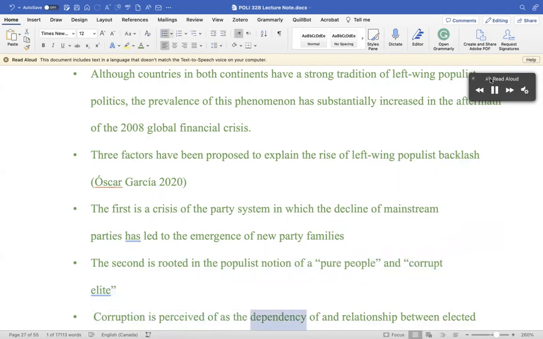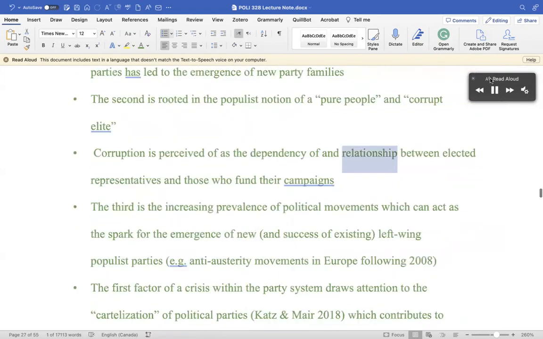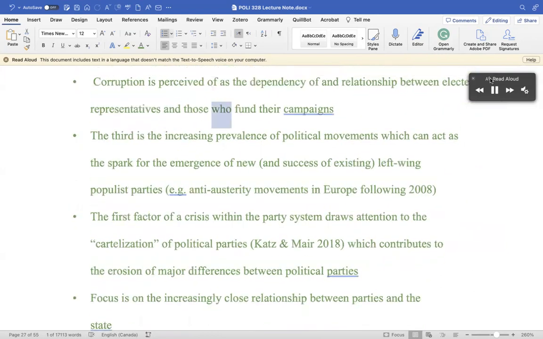Corruption is perceived of as the dependency of the relationship between elected representatives and those who fund their campaigns. The third is the increasing prevalence of political movements which can act as the spark for the emergence and success of existing left-wing populist parties, e.g. anti-austerity movements in Europe following 2008.